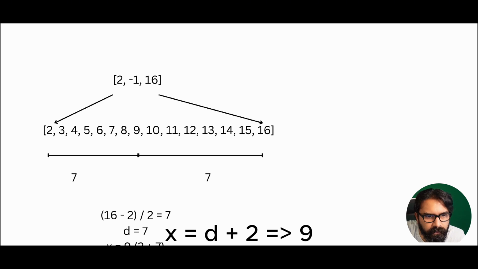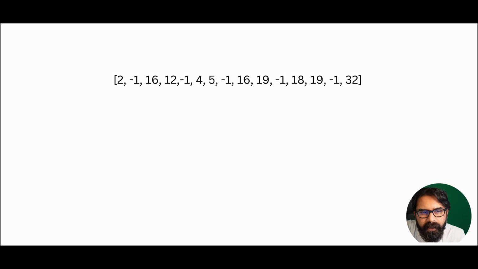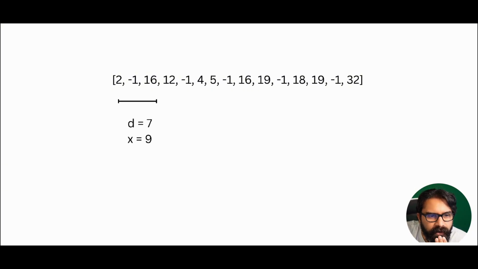We just add 7 to it. Then I added a few more elements to this array just to complicate the use case and see what happens. From the previous example, d was equal to 7 and x was equal to 9. If we add any more elements to this array, the answer could not be less than 7.